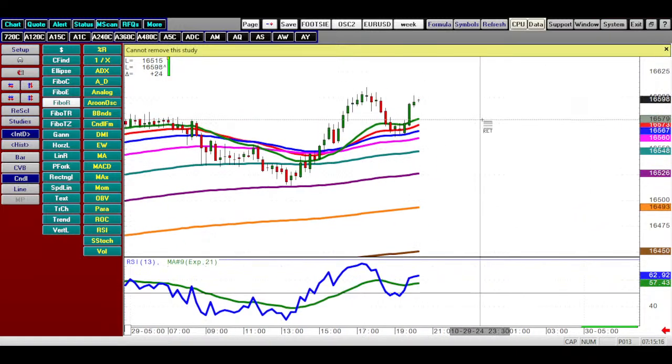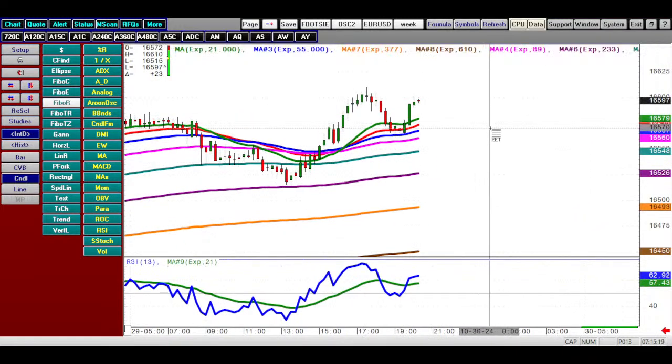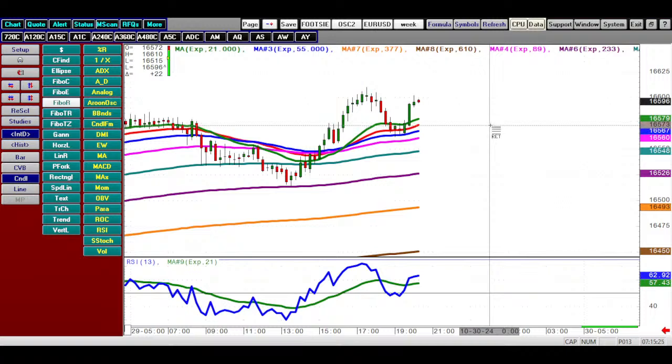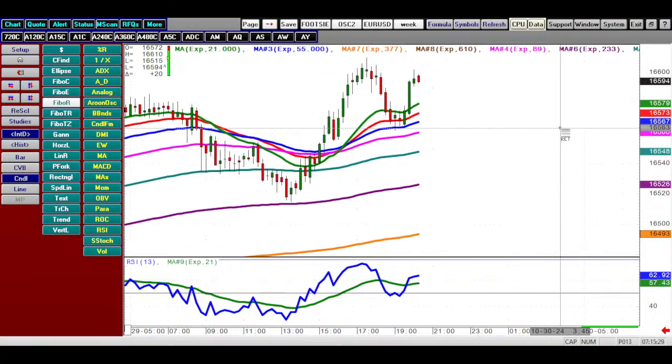And this one is, we are wrong if the price breaks below this low, which is 65.